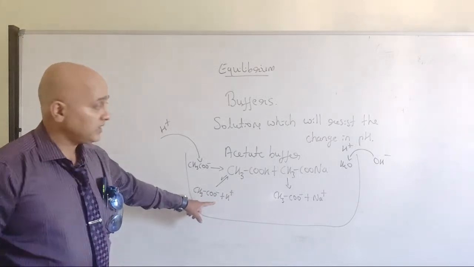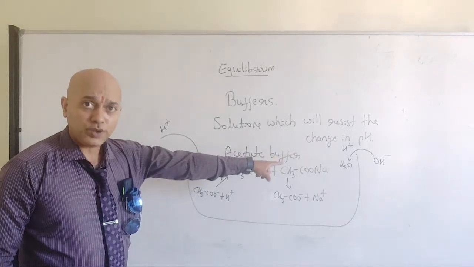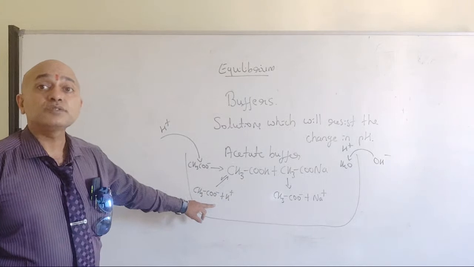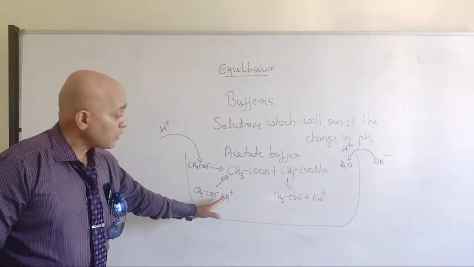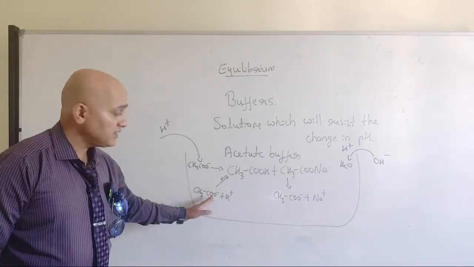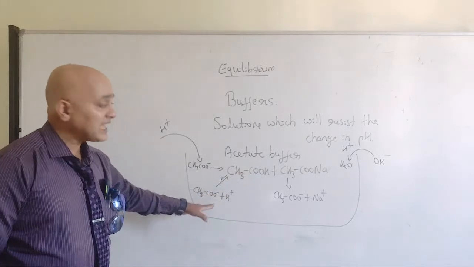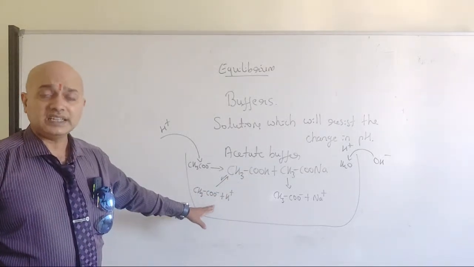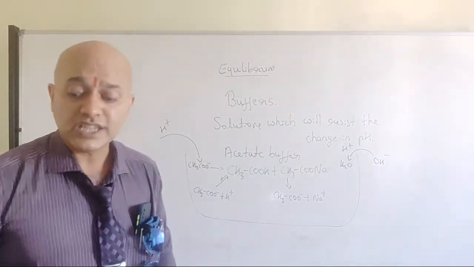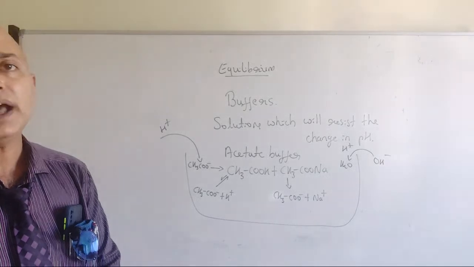Listen to me carefully. Since H plus is getting consumed by the added OH minus, more acetic acid will be dissociated, because the common ion effect is exactly opposite to this. The common ion effect is getting nullified; we are removing the H plus. So more acetic acid will be dissociated. Therefore, once again, there is no change in the pH, although we have added OH minus.